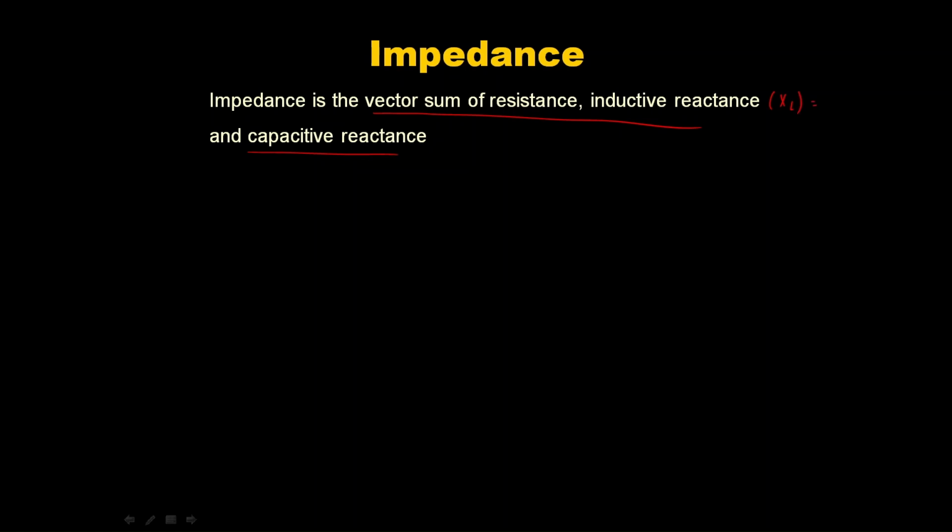XL will be equal to 2 pi f into L. So if you know the inductance, you can easily find inductive reactance by multiplying it by 2 pi into f, the frequency. The frequency will also be given in the question if they're asking you to find inductive reactance. Similarly, capacitive reactance Xc will be 1 by 2 pi f into C. So this is what you guys have to remember.